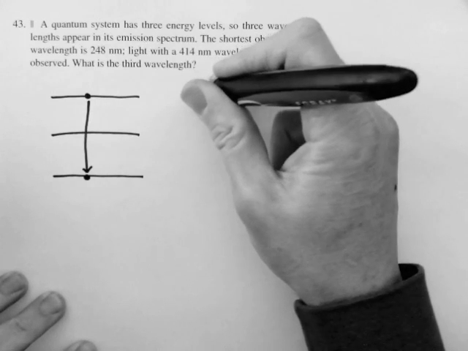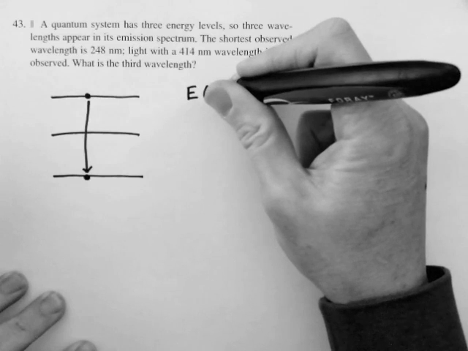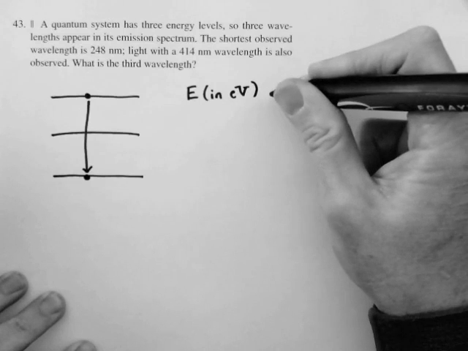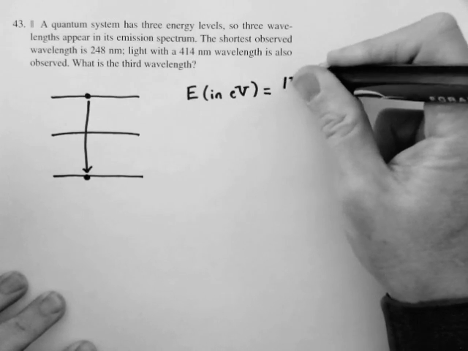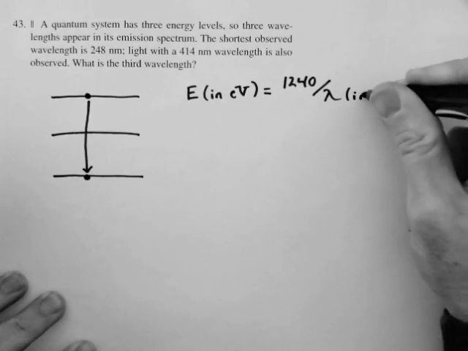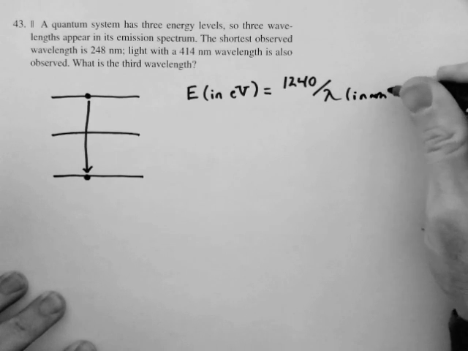And we're going to calculate energies of photons in this way. We're going to look for the energies in electron volts, okay? The energies in electron volts are equal to 1240 divided by the wavelength in nanometers. That's our shortcut, okay?